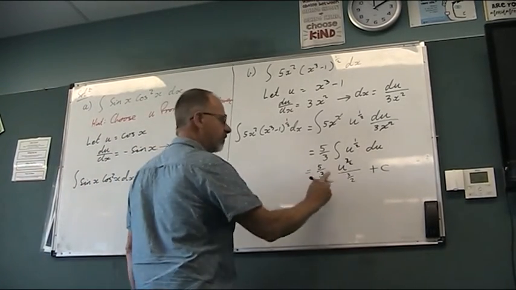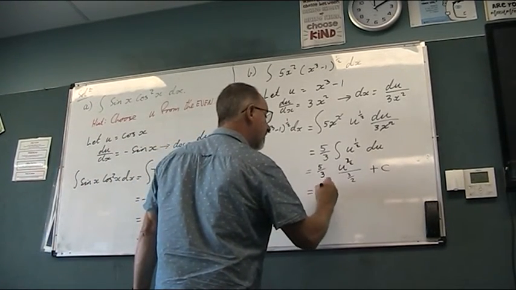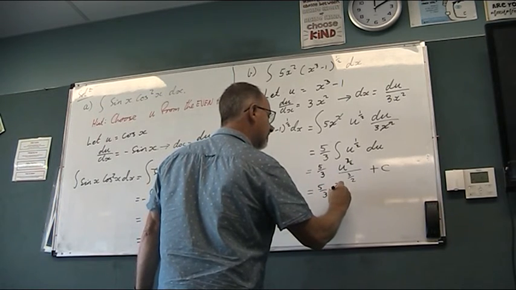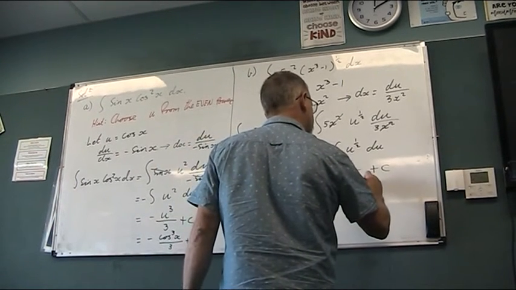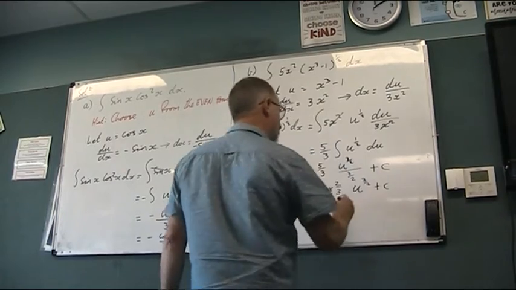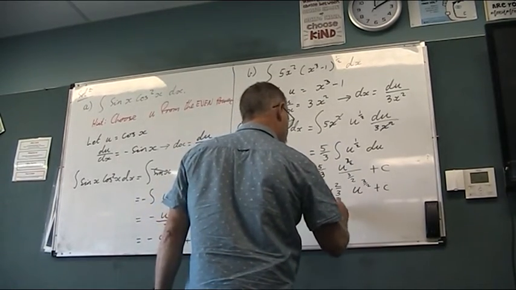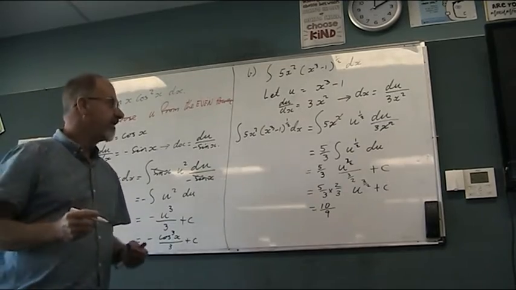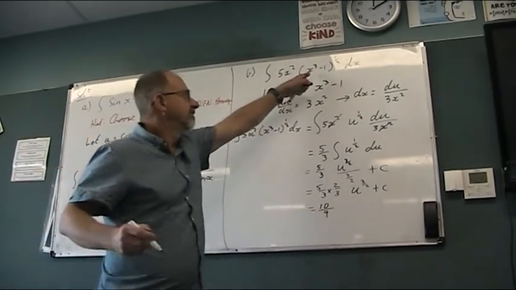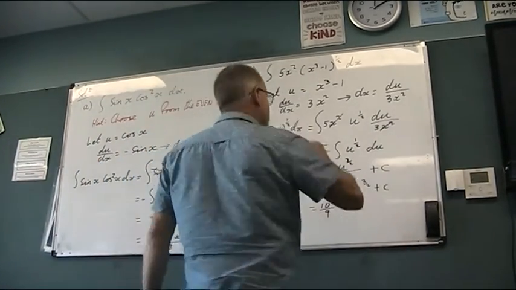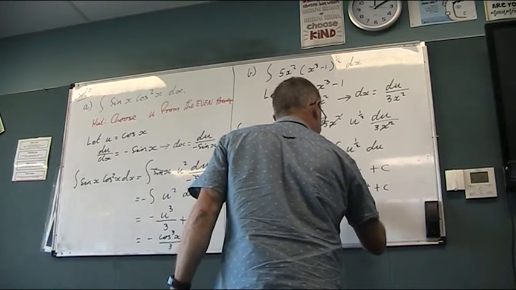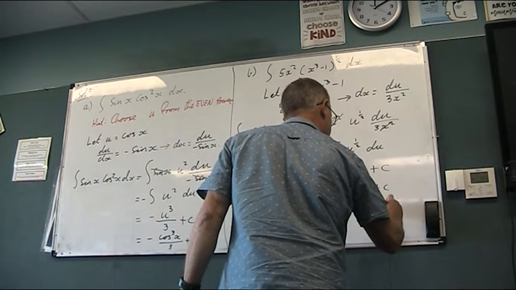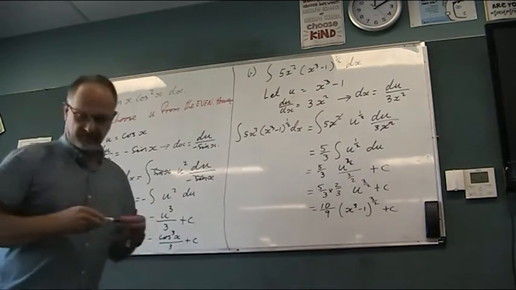Dividing by a fraction, what do we do? Flip and multiply. So that would be 10 over 9. And putting back for our u, x cubed minus 1 to the 3 over 2 plus some constant.